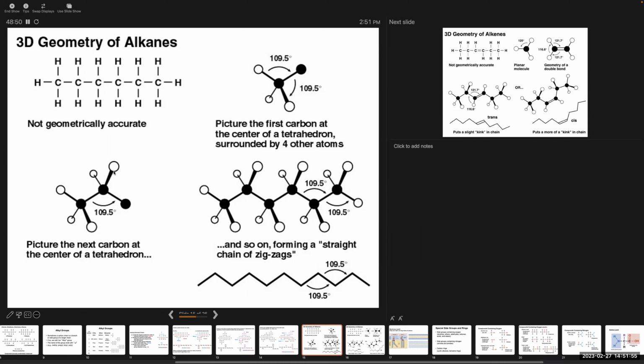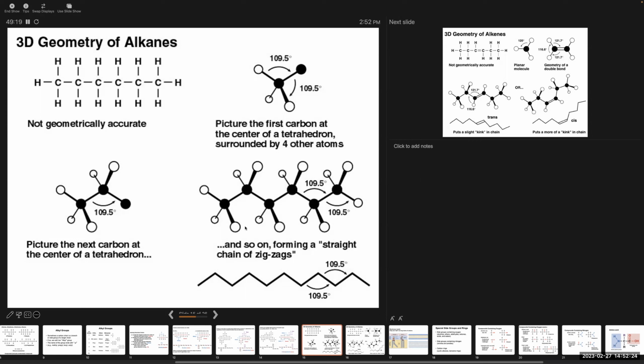So all these bonds are arranged in kind of this tetrahedral shape relative to one another. When you start stringing these things together into longer chains, you get this kind of zigzag effect where the carbons kind of zigzag back and forth. And then you've got all the hydrogens kind of sprouting out, either some of them coming towards us and some of them going away from us in three-dimensional space.